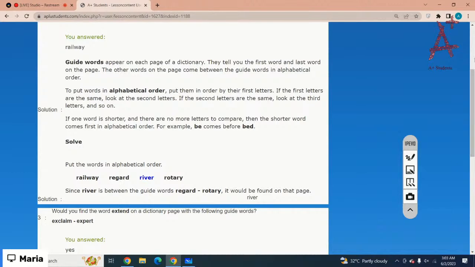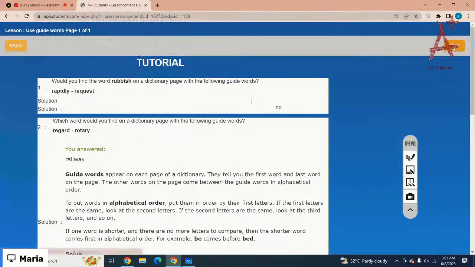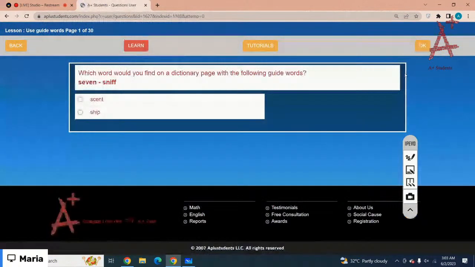Let's just start with the practice question. Let's see how we look for the meanings in the dictionary. Which word would you find on a dictionary page with the following guide words? Seven and sniff. Basically, the guide words are written on the top of the page.